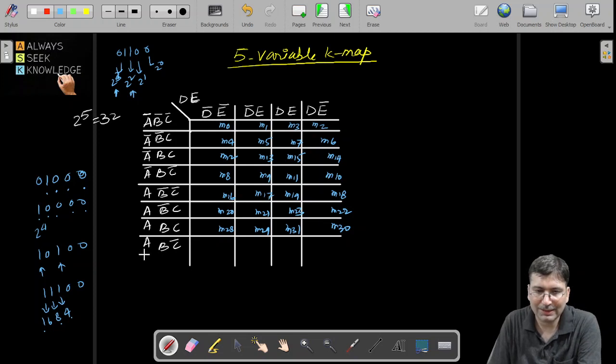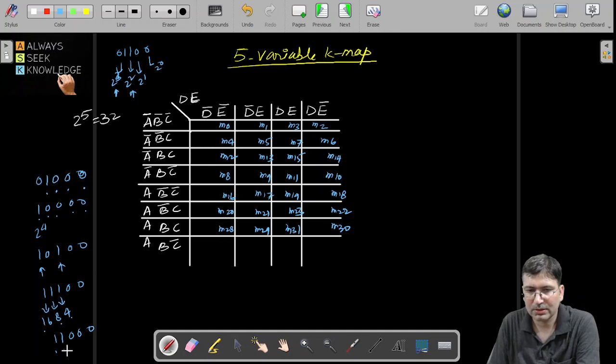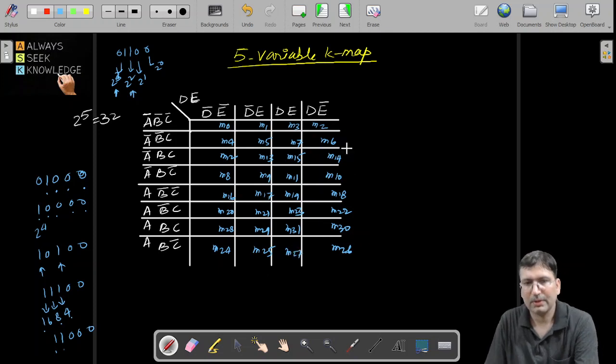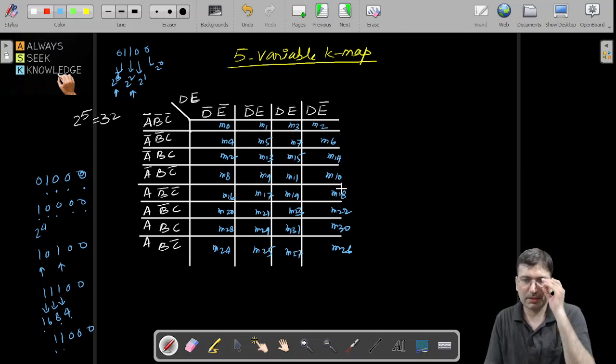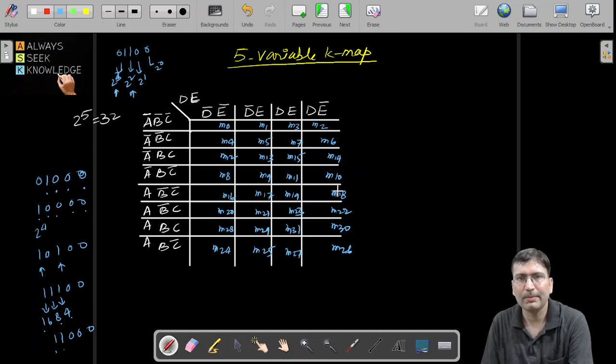Now this is 1 1 0 0 0, so 1 1 0 0 0 gives us 16 plus 8, which is 24. M24, and this will be 25, 26, M27. So this is the K-map for 5 variables, right?